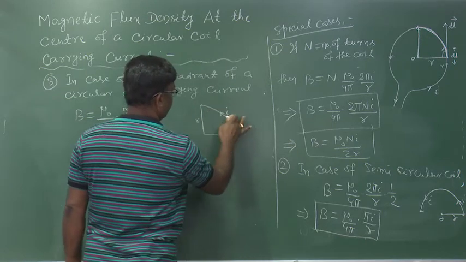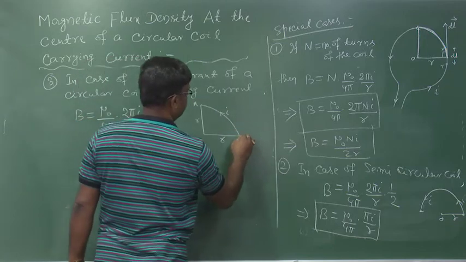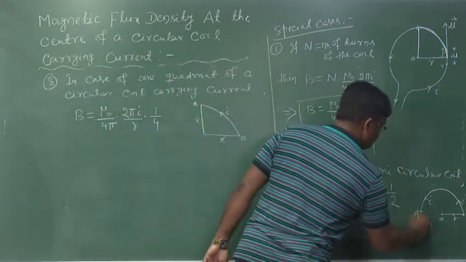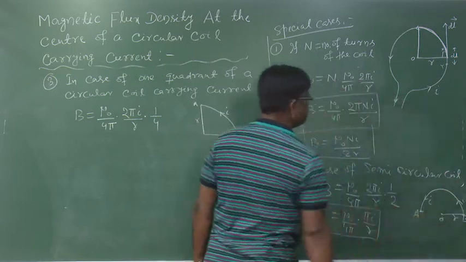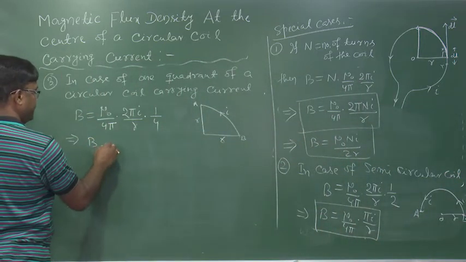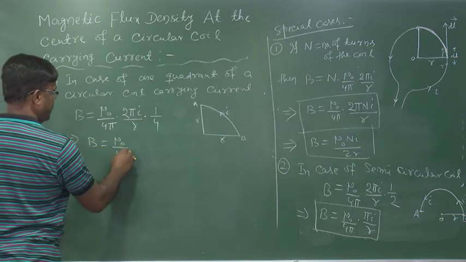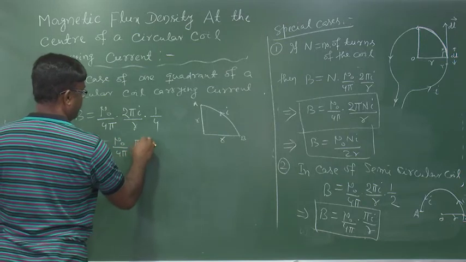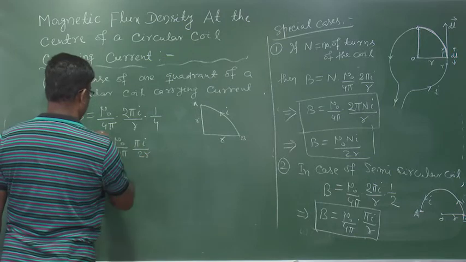This is the one quadrant of a circle, which implies B is equal to mu 0 by 4 pi I by 2r.